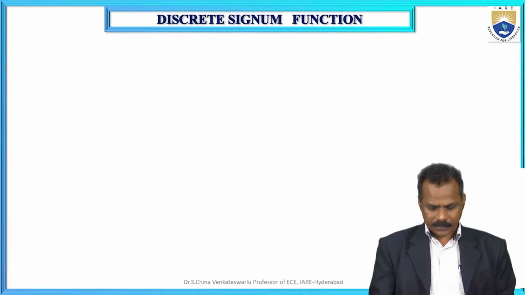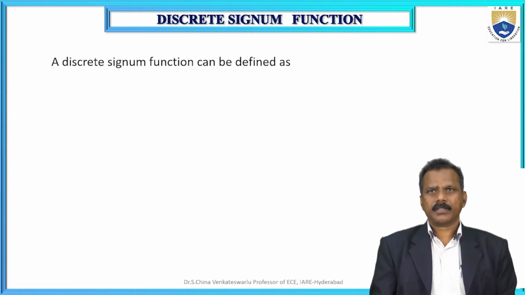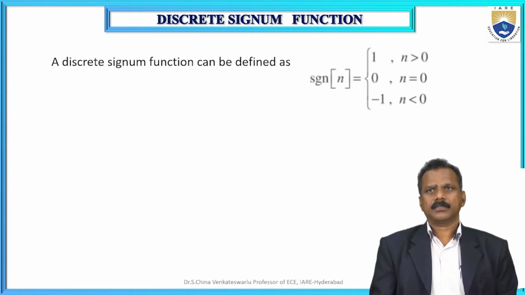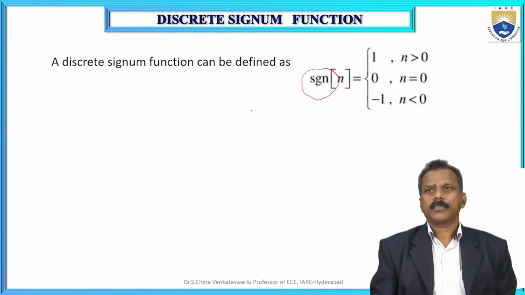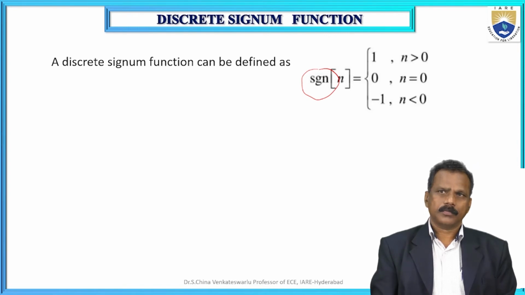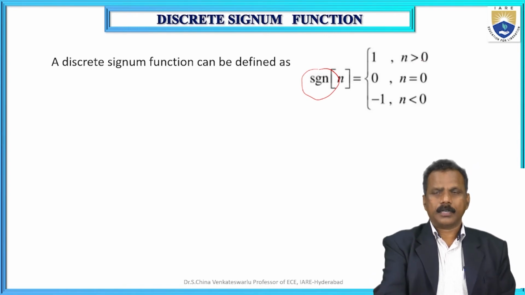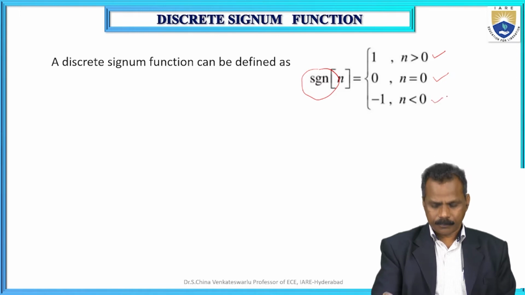Now coming to our discrete signum function. A discrete signum function can be defined as sgn of n, which is 1 for n greater than 0, 0 for n equal to 0, and minus 1 for n less than 0.